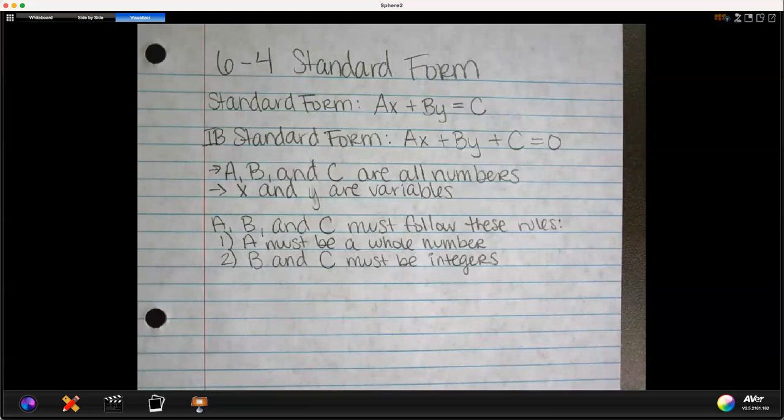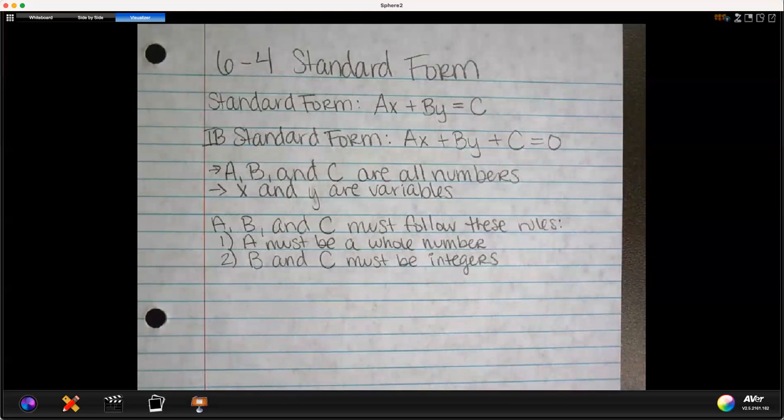What do those definitions stand for? Whole and integers. What does that mean that my numbers are going to look like? So whole numbers would be 0 through all numbers above 0, right?